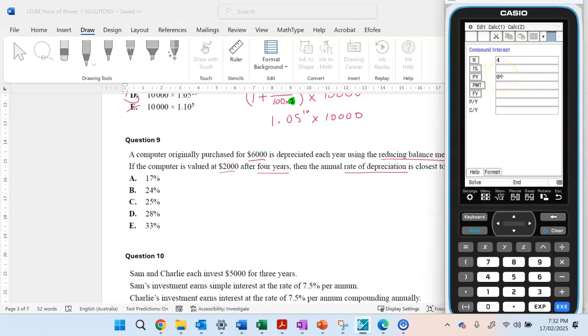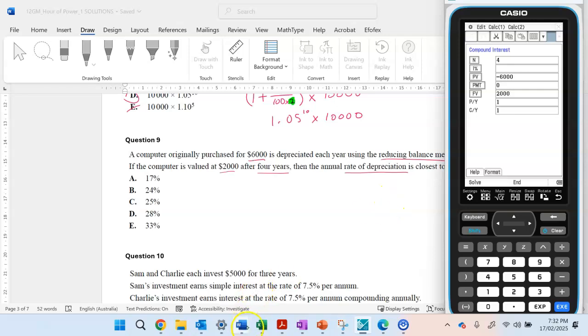When something's depreciating, you don't add anything to it. Principal value is negative, remember it did say that on the sheet. And then 1 and 1, and your future value is positive, so 2,000.